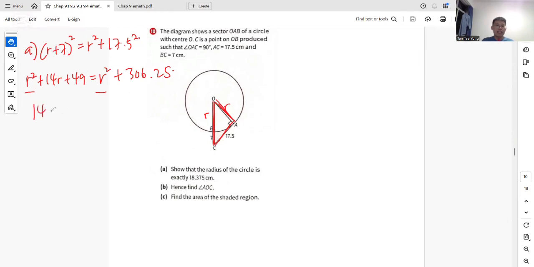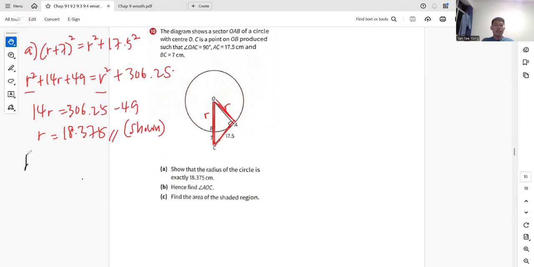So we have 14R equals 306.25 minus 49. Let me do the minus first, and then I divide by 14. So I will get 18.375. Yes, shown. So this is for part A.